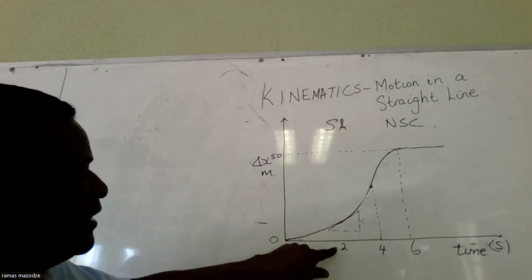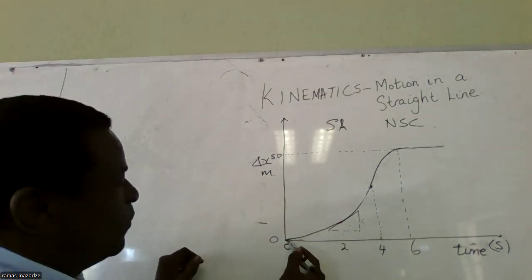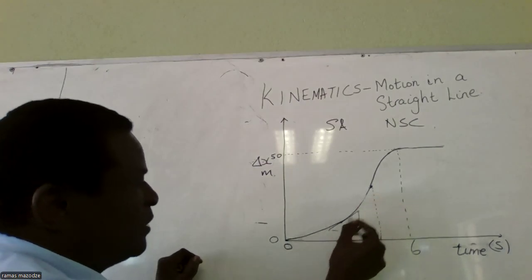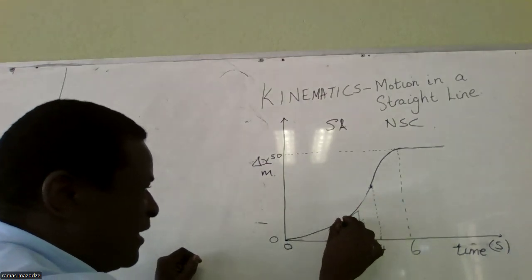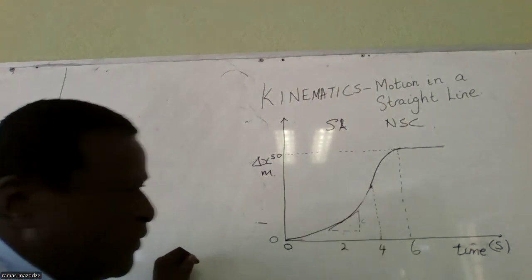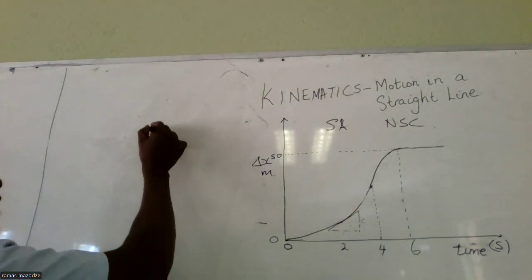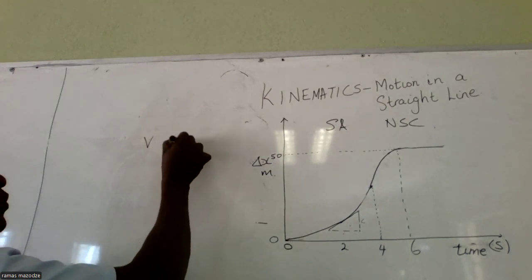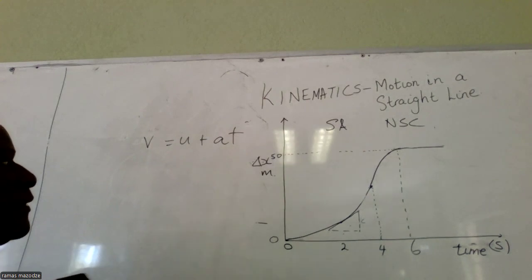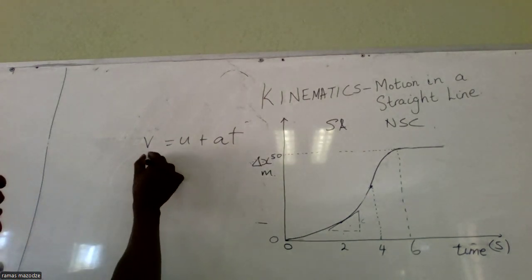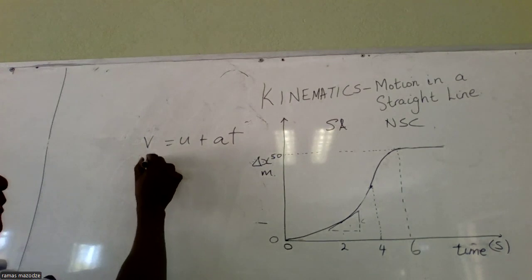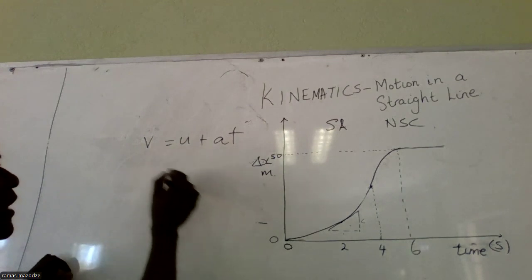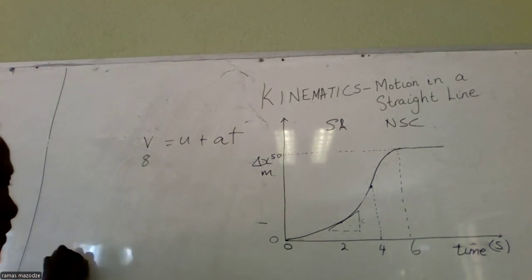Prove that the acceleration is 4 meters per second squared, between 0 and 4 seconds, where the acceleration is uniform. So you can say the gradient is 8, so we can use v equals u plus at.